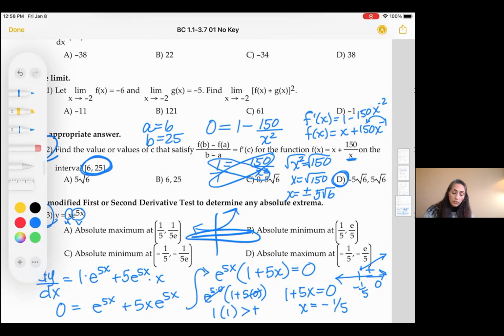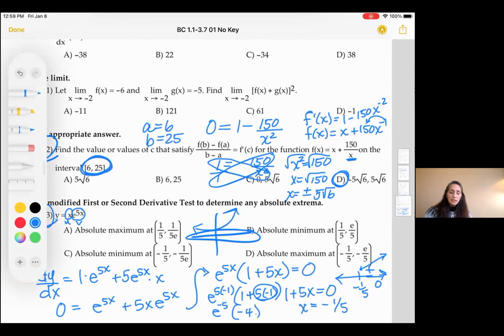Negative 1 works. So if I plug negative 1 into the first derivative, this would be e to the 5 times negative 1, times 1 plus 5 times negative 1. So this would be e to the negative 5th times 5 times negative 1, which is negative 5. 1 minus 5 is negative 4.